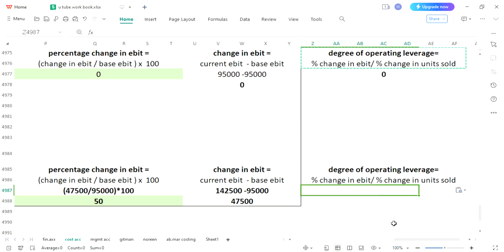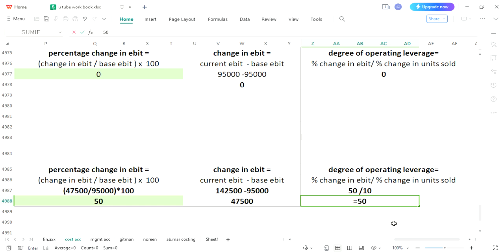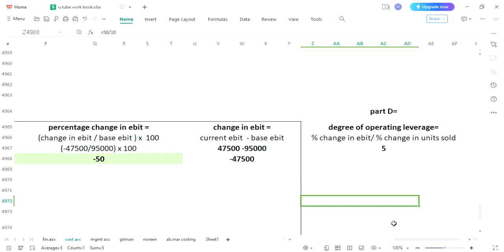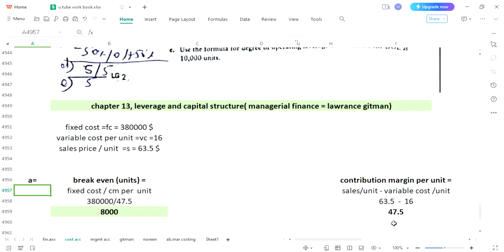So you can put percentage change in EBIT 50 divided by 10. You get your answer by dividing 50 by 10: 5. So 5, 0 and 5. These are the answers for our required part.